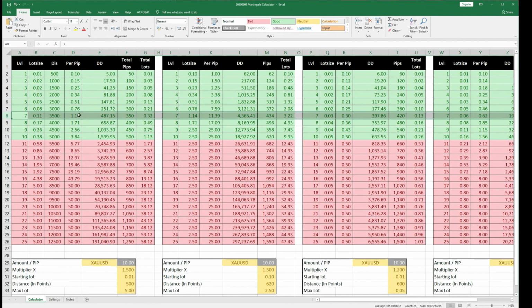So using these figures, a $35 movement, for the sake of this video let's agree that it will need to retrace $20 in order for your positions to close.